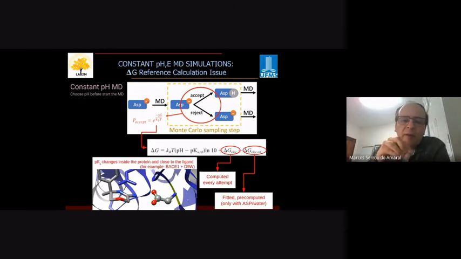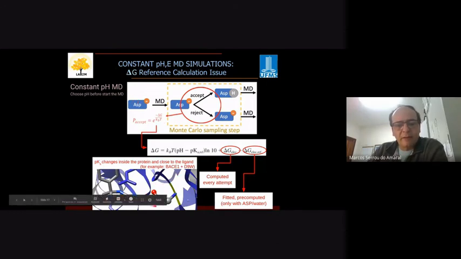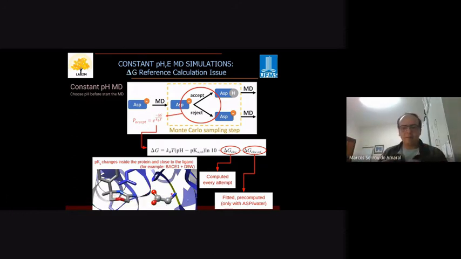So what is important, because you know the pKa for aspartic acid? Here in the picture, you have the aspartic acid and here is our D9W ligand. Here you have the base. When the aspartic acid is inside the protein, its pKa changes because the environment around it is changed.